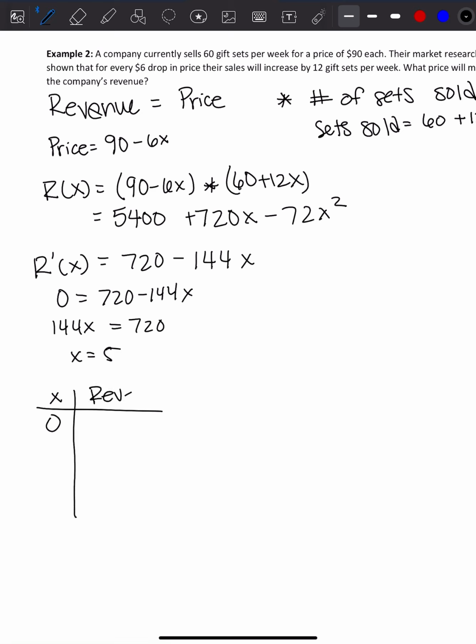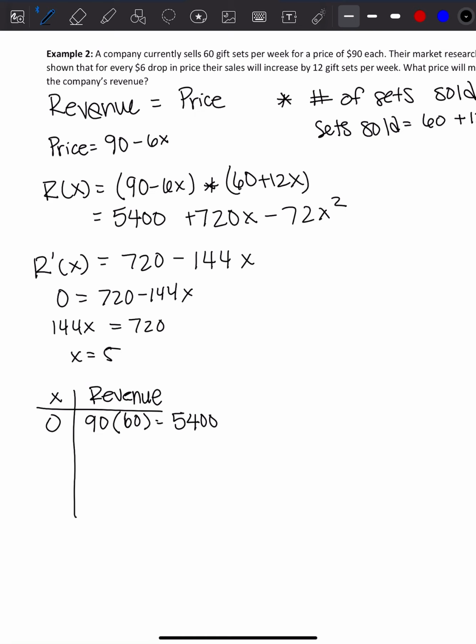Our revenue would be 90 times 60. So if we do 90 times 60, we get 5,400. There's going to be a certain point in time when we can't keep subtracting money.